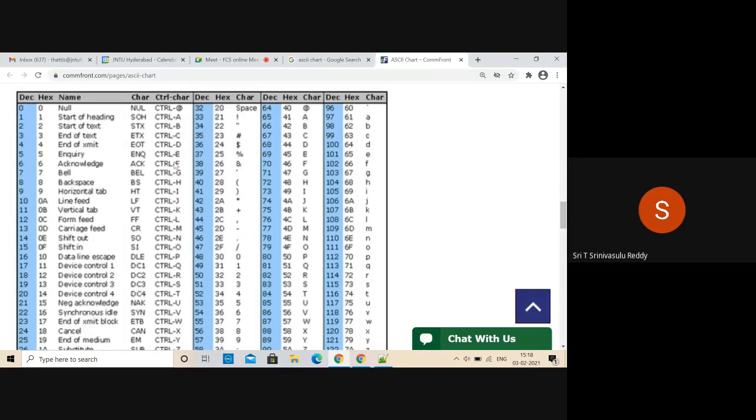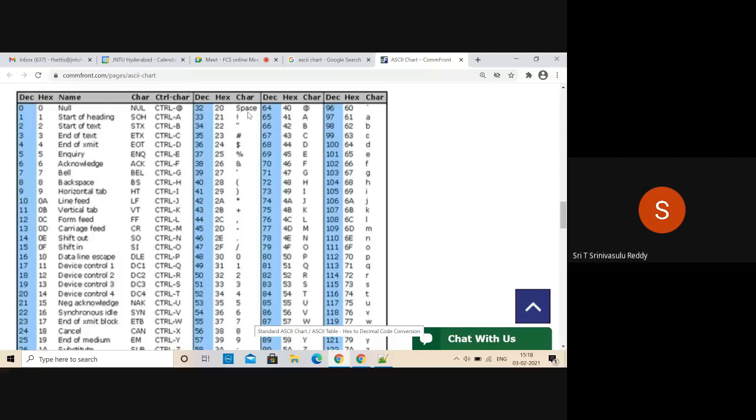Control A, control B, control C and so on. You should be able to easily remember. So 27 here, and then another 26 alphabets, and then digits 0 to 9. Better to remember. And then the space character is internally represented as 32 decimal or 20 hexadecimal.